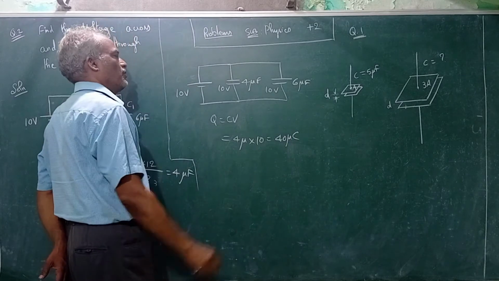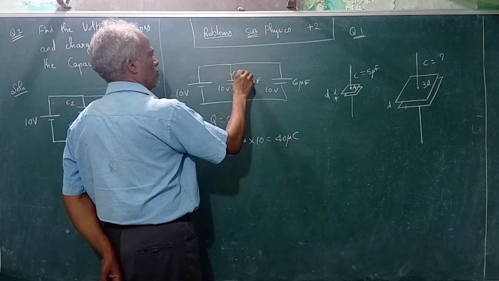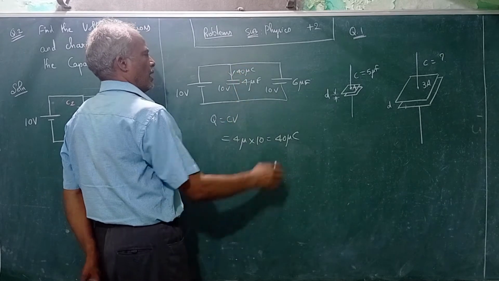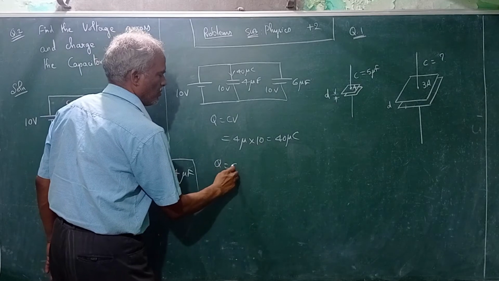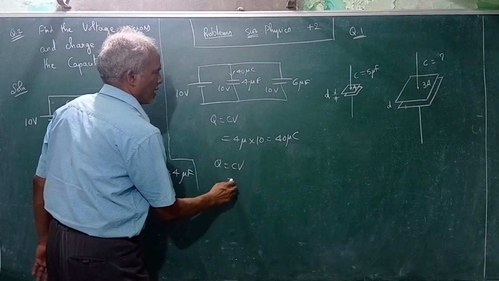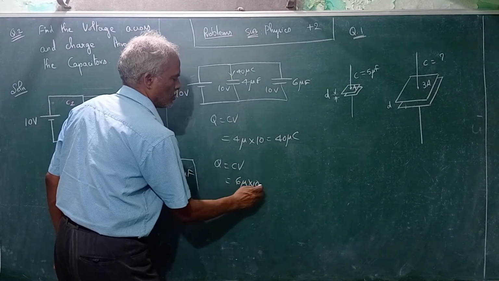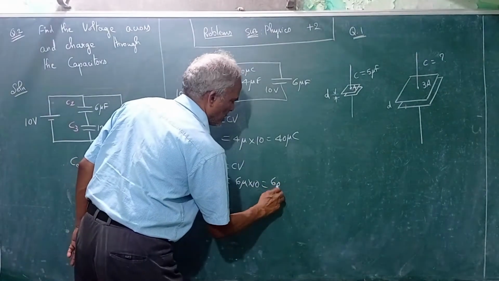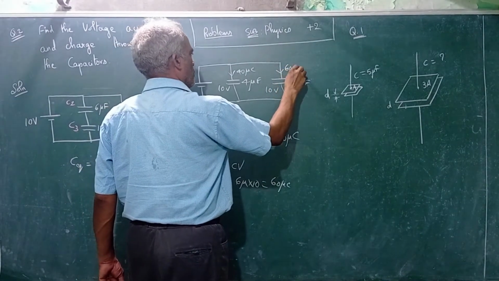That is the value of the charge here. And coming to the second one, here again Q is equal to CV. The capacitance value is 6 microfarad and the voltage is 10. So this will give you 60 microcoulomb.